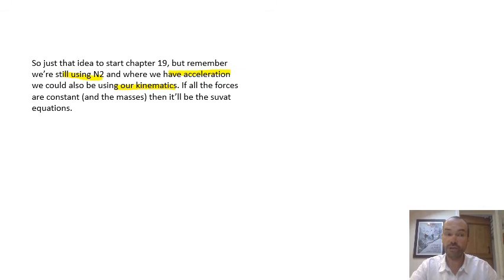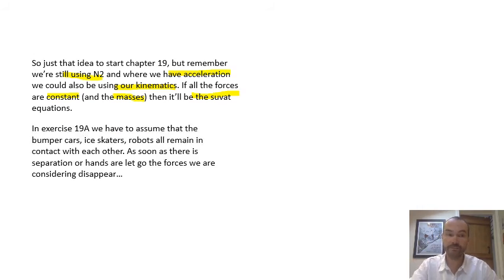If all the forces are constant, and the masses will be for all the work we do, but there is some interesting work involving changing masses, but not on our course. If the forces are constant, then the accelerations are constant, and it will be the SUVAT equations, which you don't need to learn. They're on the formula sheet, but this might be a good time to have them written at the top of the page for when we do use any acceleration in the kinematics.